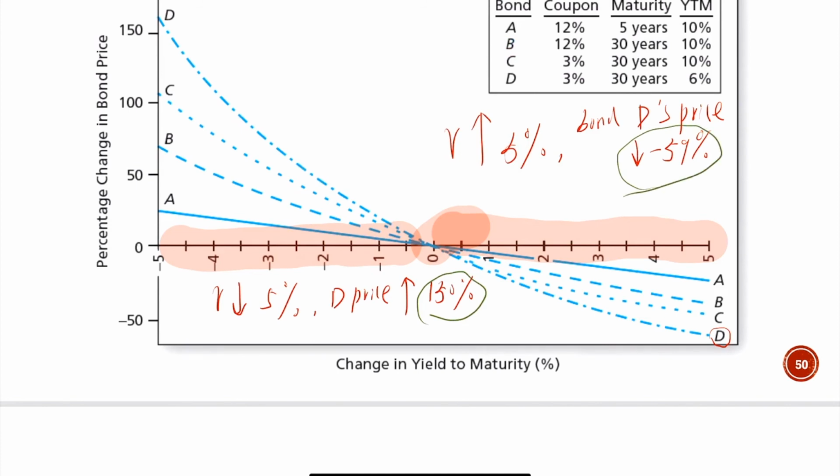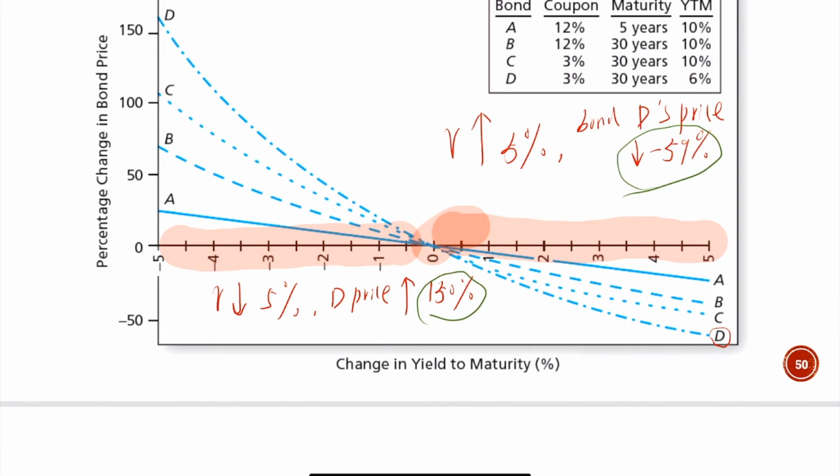You can see that the yield changes by the same amount, but the price increase from the decrease in yield is much larger compared with the price decrease from the increase in yield. So you can see that there is an asymmetric response of bond price to yield changes. And this is actually good news for investors.